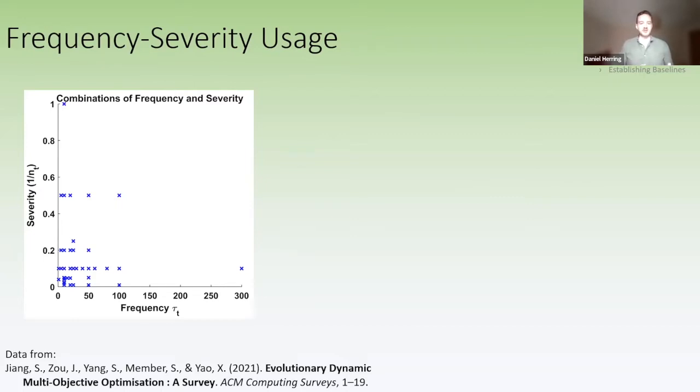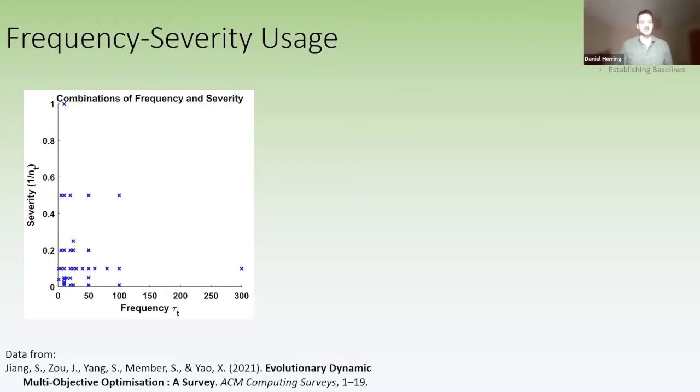The scatter plot shows that the combinations of frequency and severity parameters employed are wildly varying, and there's generally a non-cohesive approach to selecting combinations. There are single cases of frequency 300 being used and a severity 1 being used, but also a selection of combinations inconsistent with any previous work.